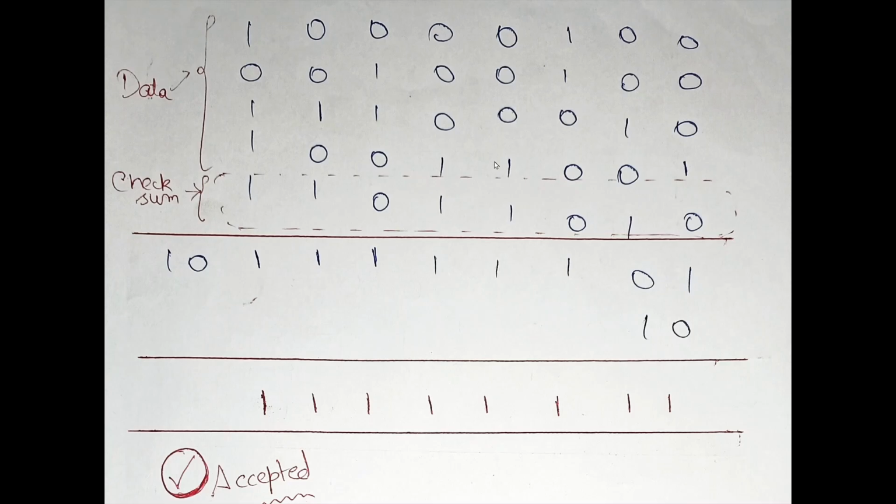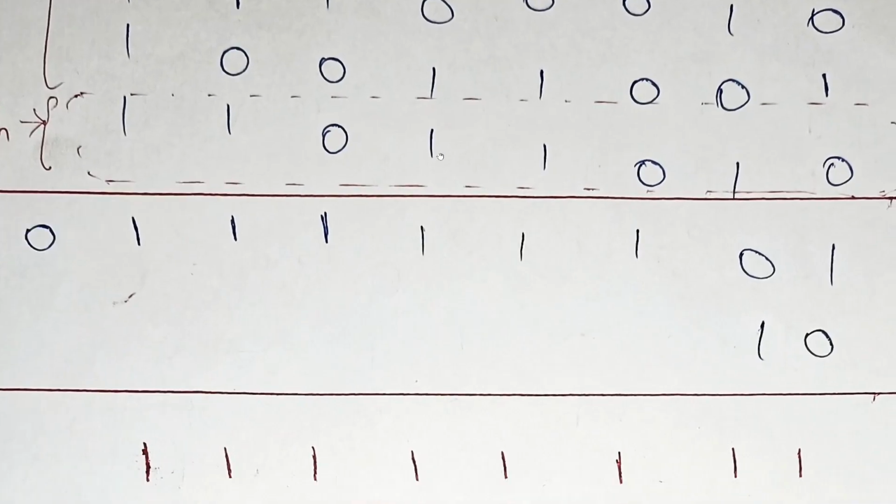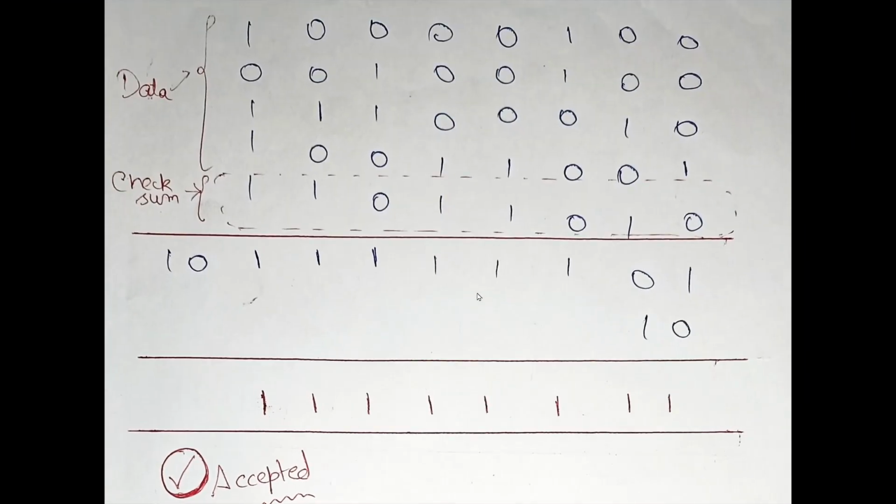If the outcome turns out to be all ones, then that data will be accepted. Only and only if the outcome is all ones. If any bit is 0, then it won't accept it.